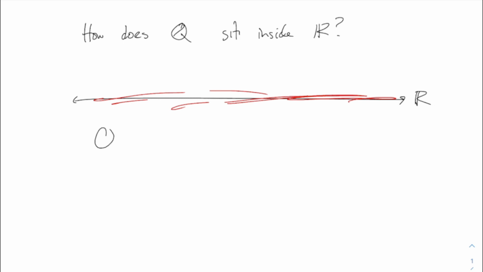So the rationals sit, and this is informal language here, evenly dispersed throughout R. You can think of Q as kind of like a cloud of points that is everywhere, even though not every real number is part of Q, there are rational numbers everywhere along the line.